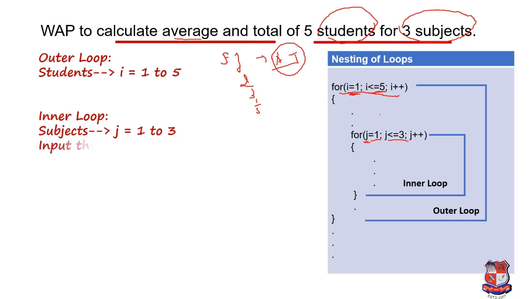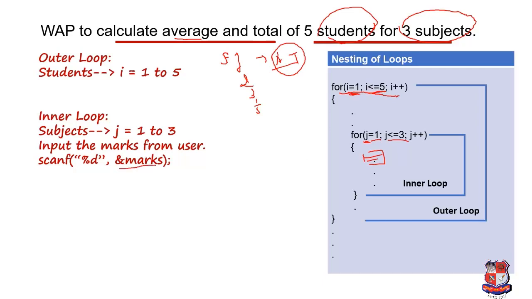Now we take input inside the inner loop, because we have to take 3 subjects' marks for 5 students. We write scanf with %f, comma, &marks.